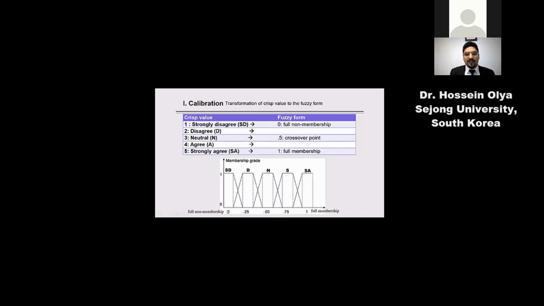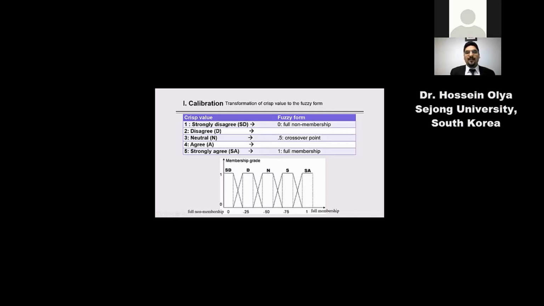You can see 0 is full non-membership, which is like dissatisfied tourists, and 1 is full membership, which is satisfied tourists. They are fully satisfied. But satisfied tourists like this S, which is number 4, the number of the fuzzy form is 0.75.